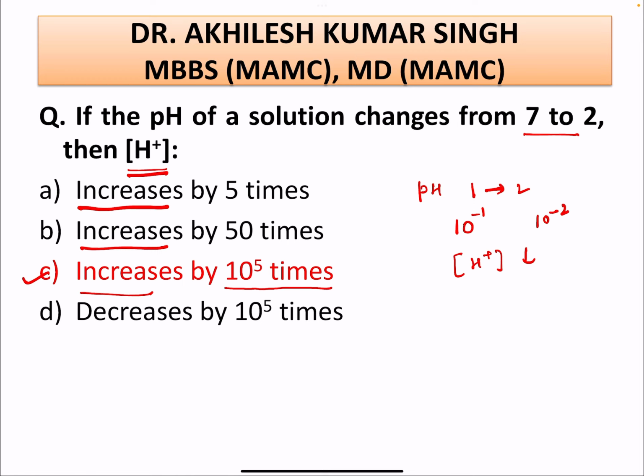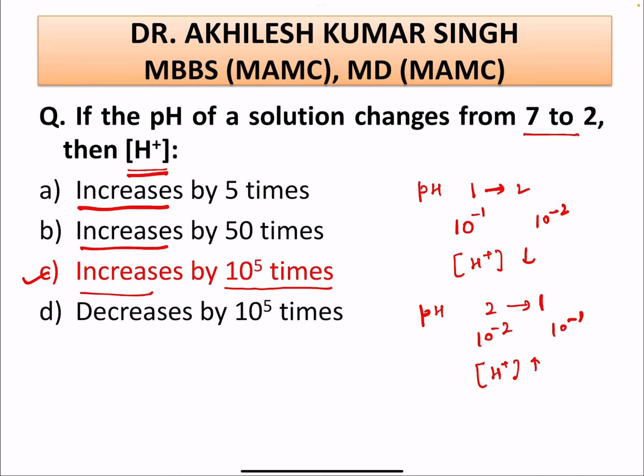And vice versa, if the pH is decreasing by 1, the concentration of hydrogen ion will increase by 10 times. Remember this concept to help solve this question.